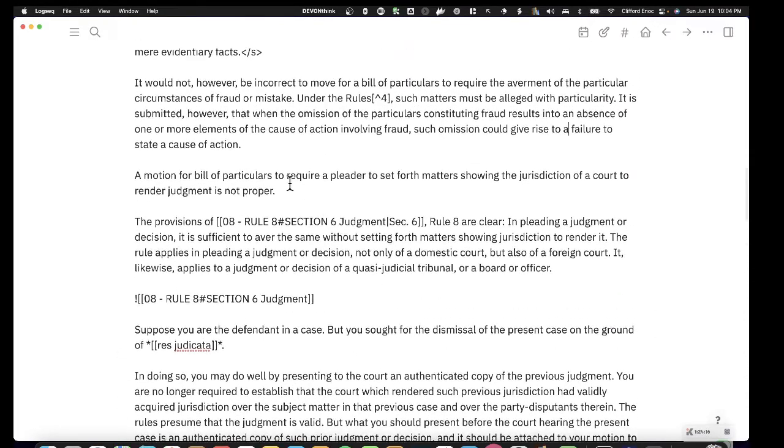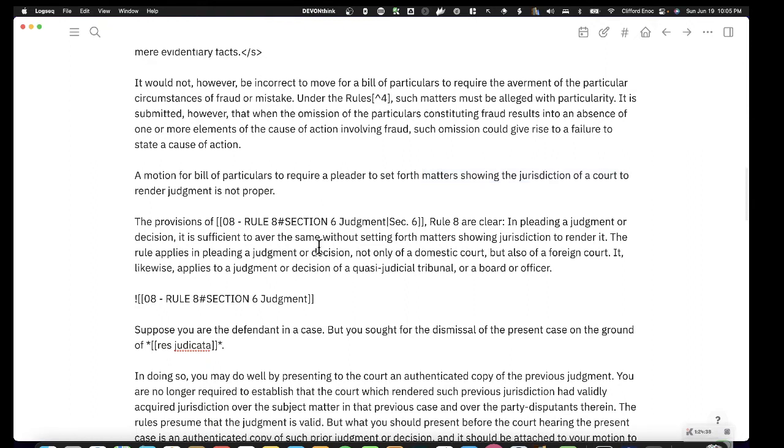Okay. So a motion for a bill of particulars to require a pleader to set forth matters showing the court's jurisdiction to render judgment is not proper. Yeah.